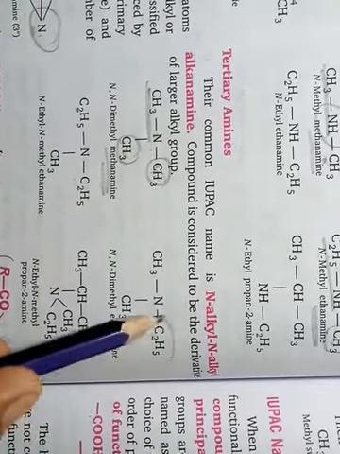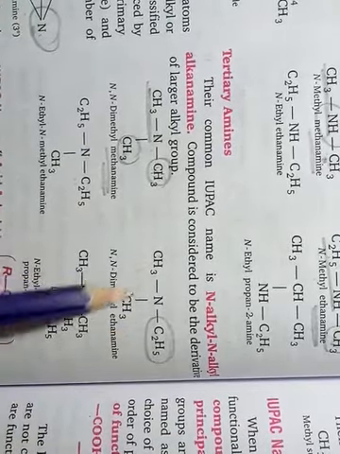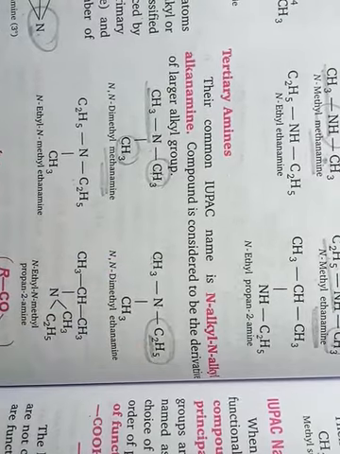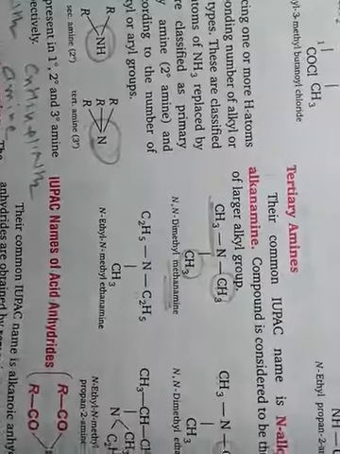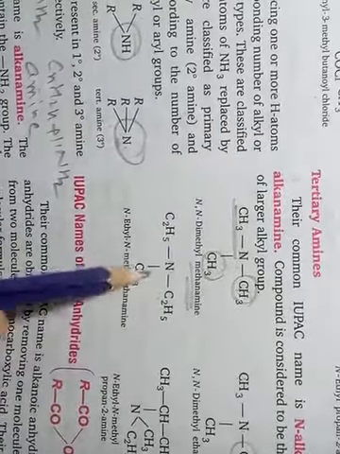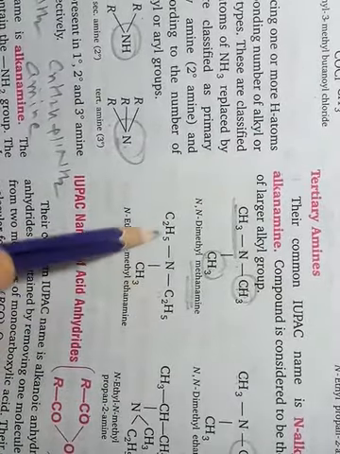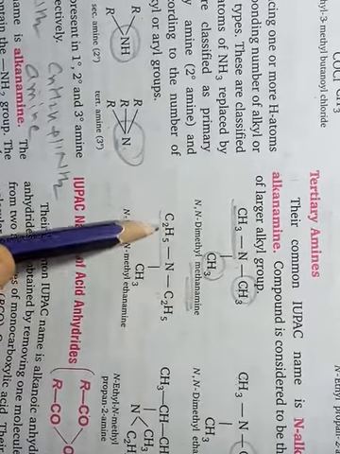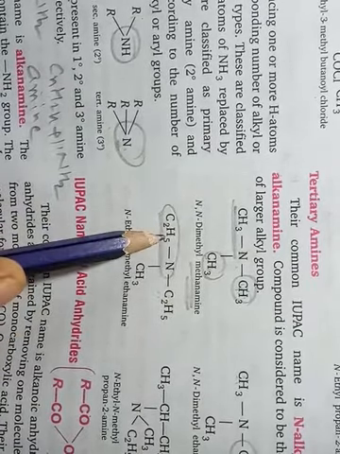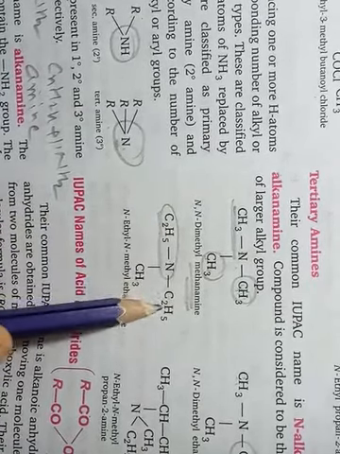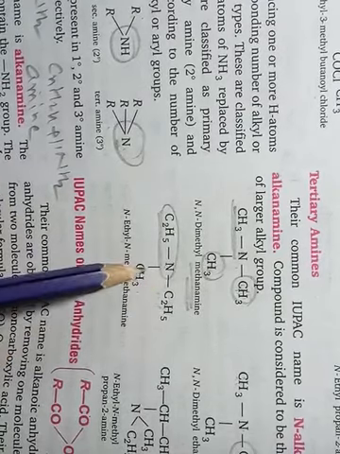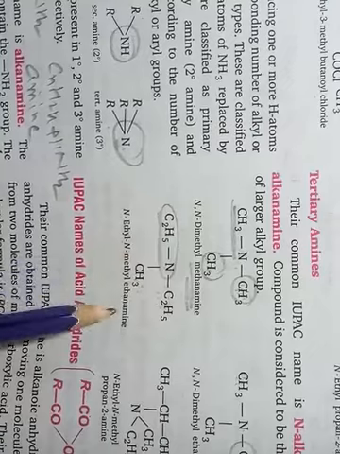In this structure, this is the larger one, so the others will be considered as side chains: N,N-dimethylethanamine. And here, two of these are the same, so one of them will be taken as the amine and the other two as side chains. In alphabetical order: N-ethyl-N-methylethanamine.